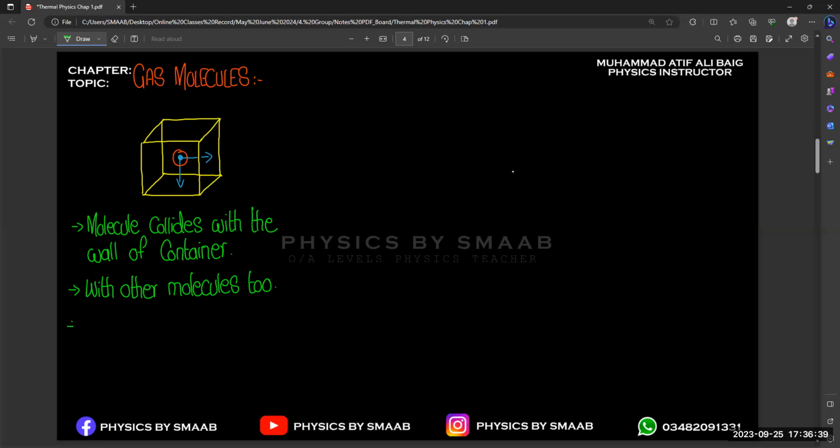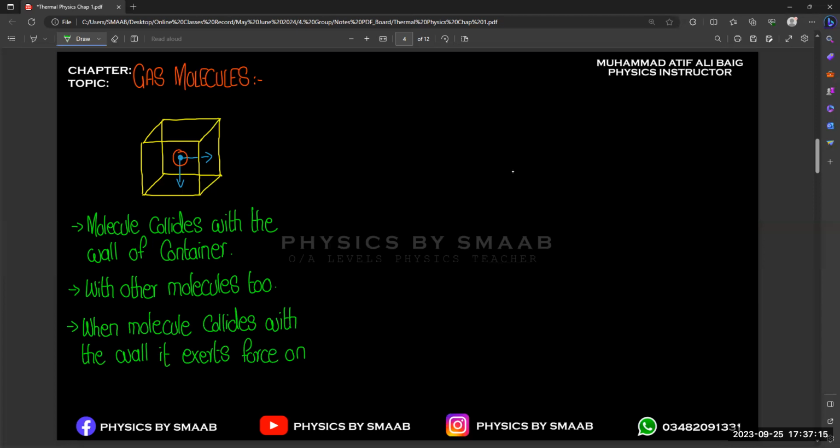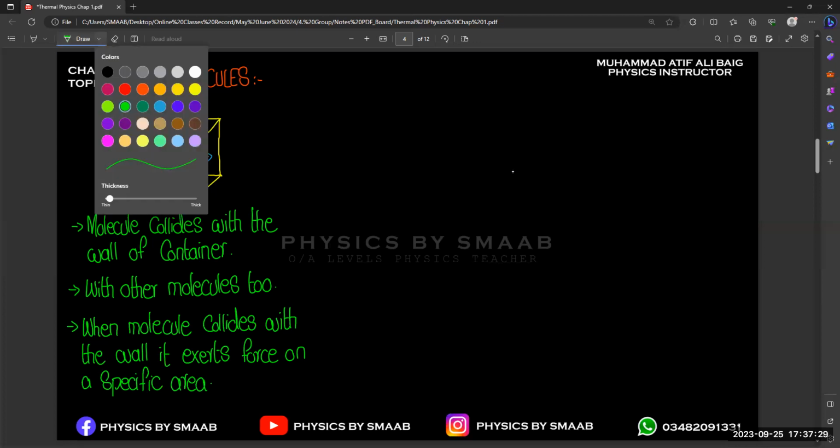So we can say that when a molecule collides with the wall, it exerts force on a specific area, and that concept is known as the pressure of the molecules, right?